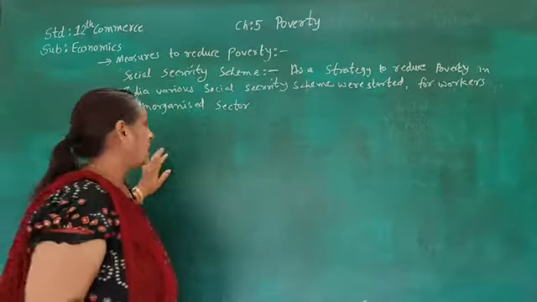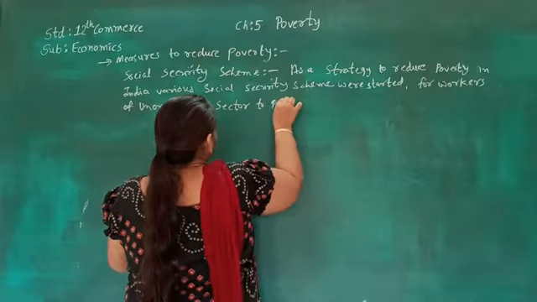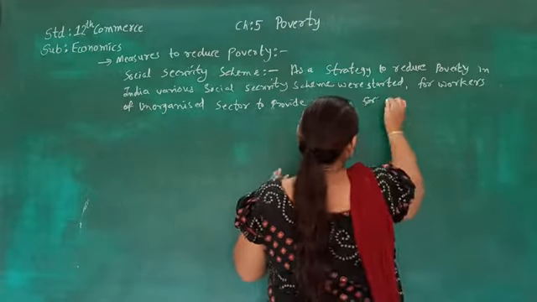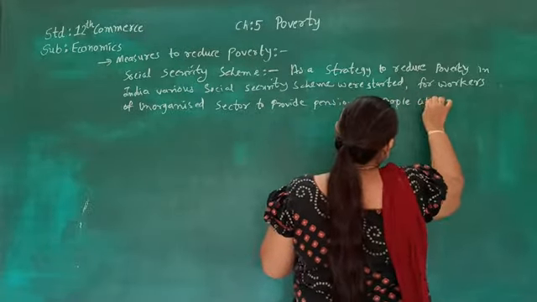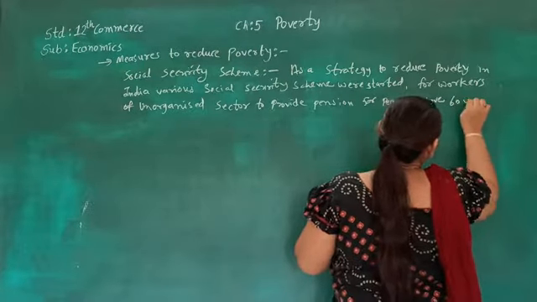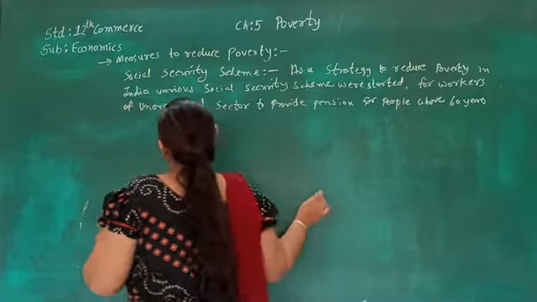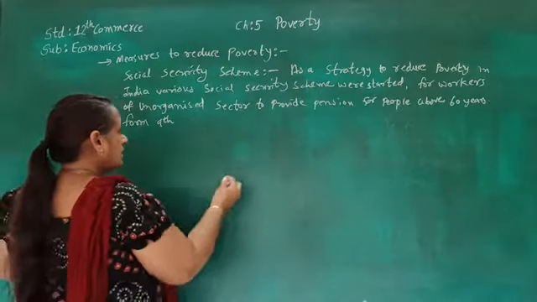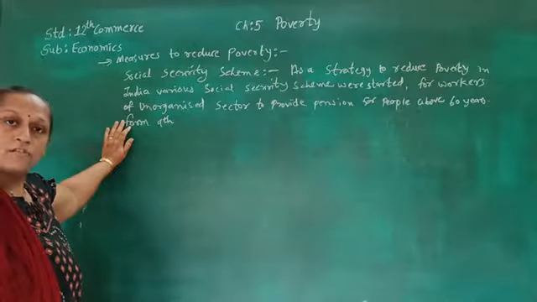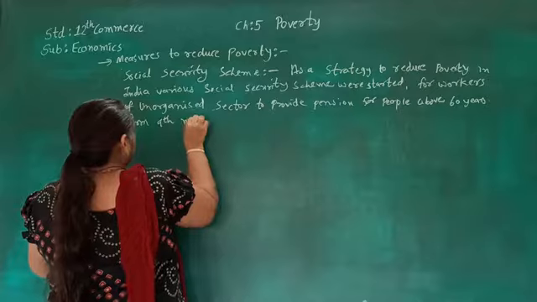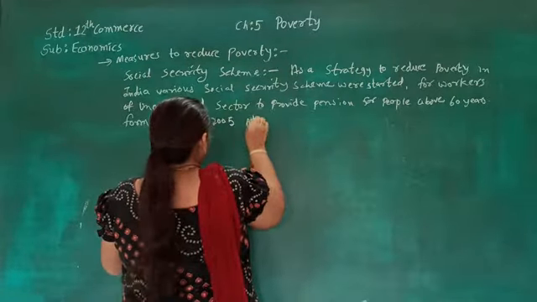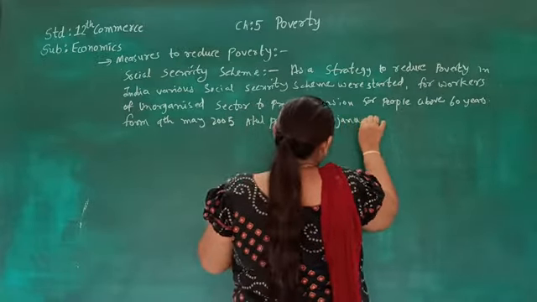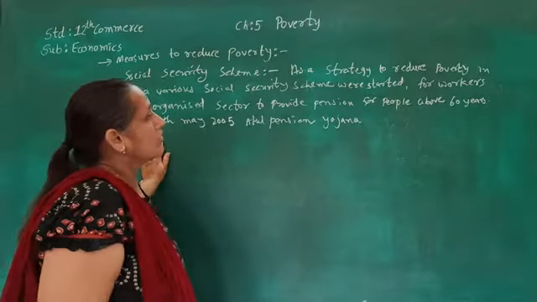The scheme was started for unorganized sector workers to provide pension to people above 60 years.